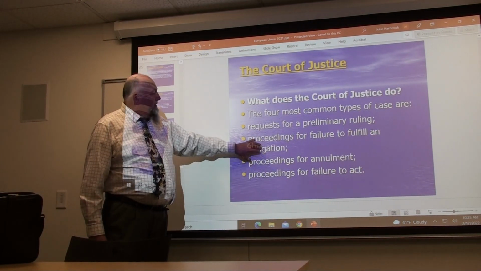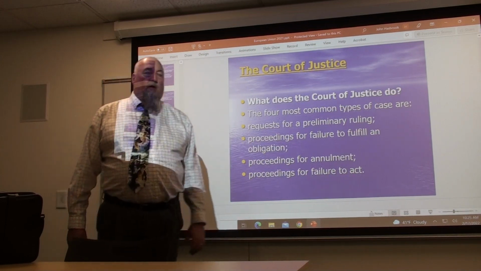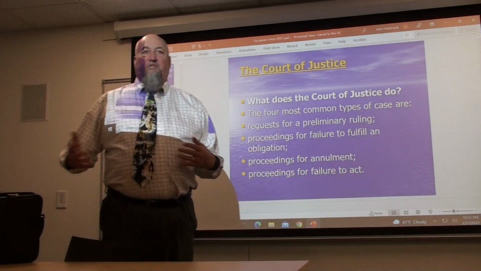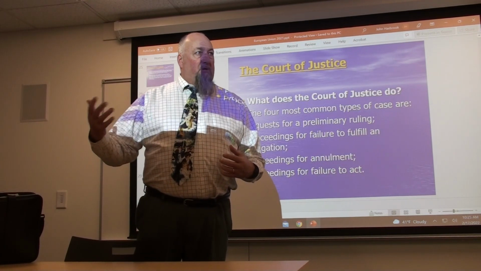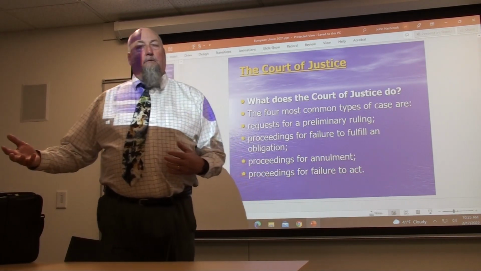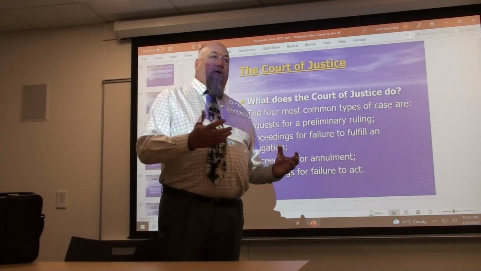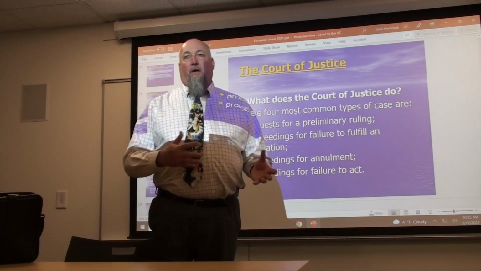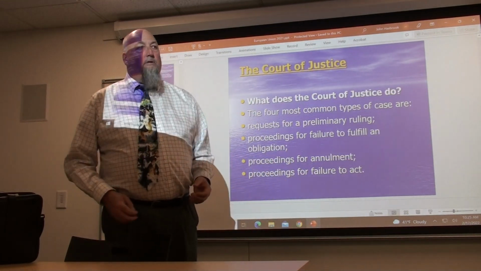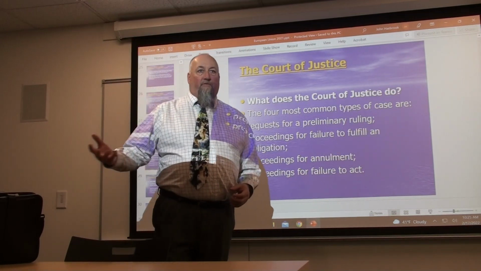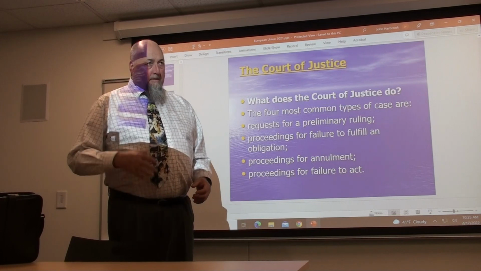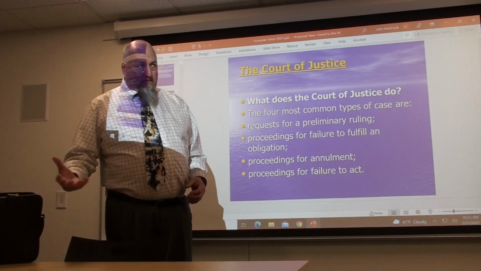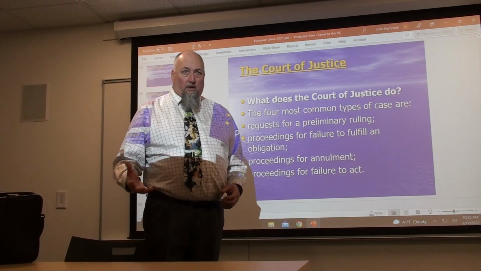Well, we kind of do, but this is where it is alleged that a member state within the European Union is not complying with European Union law, and therefore either the EU itself or another member state can initiate an action to have the court determine if a state as part of the EU is not complying, and then the court can essentially tell them what they need to do to comply.